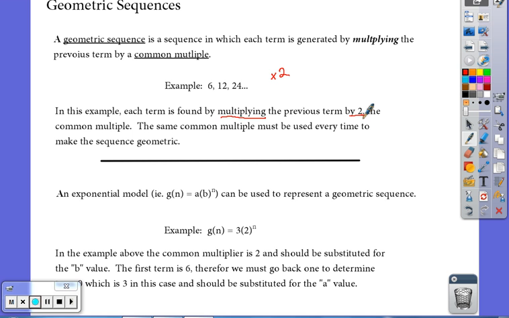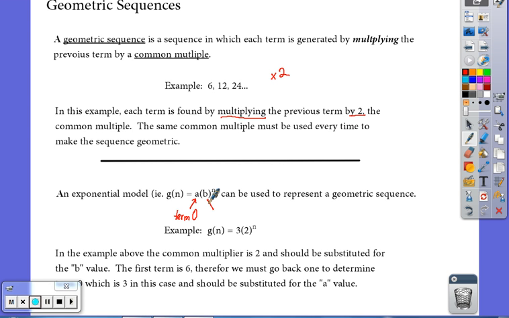An exponential model, this would be new for us. G of n equals a times b to the nth power can be used to represent a geometric sequence. Now, this is specific. Some of these letters look a little different than our typical linear model. The number out in front is always going to be your term 0. So we're still using term 0, sometimes called initial value.